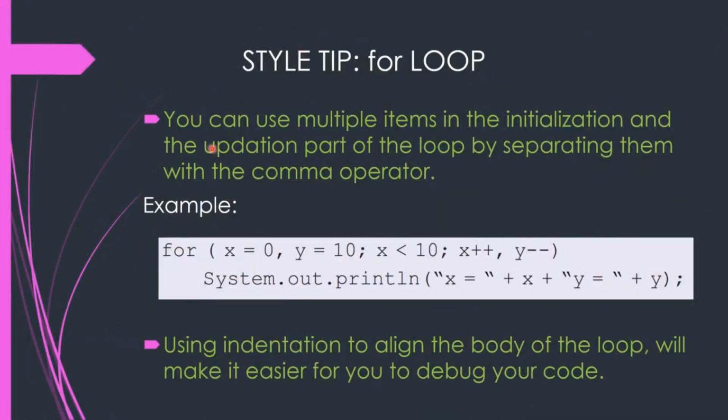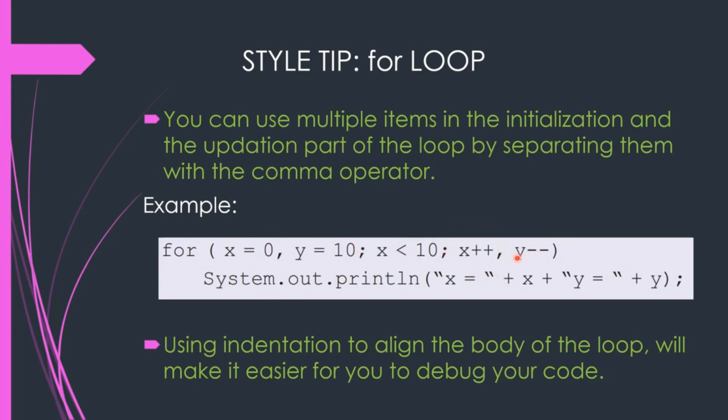Then, you can use multiple items in the initialization and the updation part of the loop by separating them with the comma operator. As I just told in the beginning of the for loop, there are three parts of the for loop. First of all, we initialize, then we provide the test condition, and after that we provide the updation part.